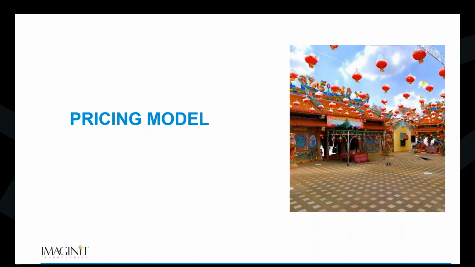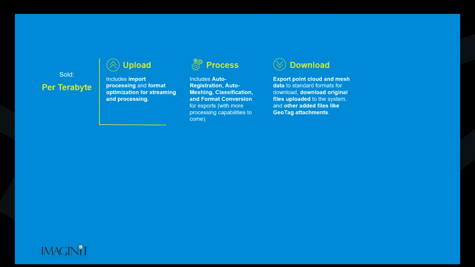In Reality Cloud Studio, the data is actually stored for free. It's sold per terabyte. When you buy a subscription, you can get 1, 3, 5 or 10 terabytes of data. That data is then consumed on a usage basis.